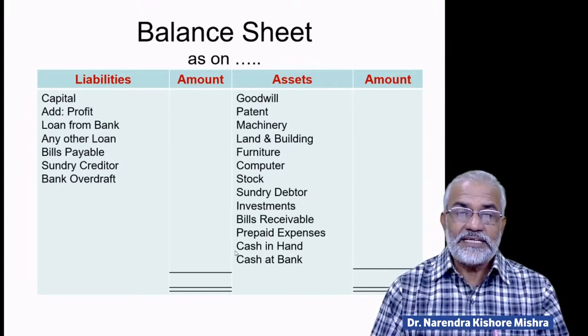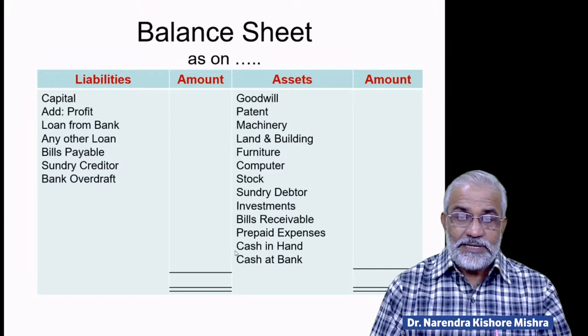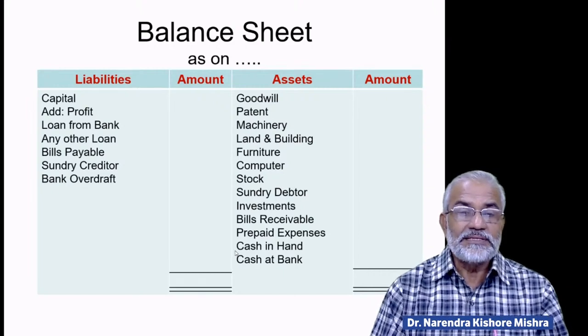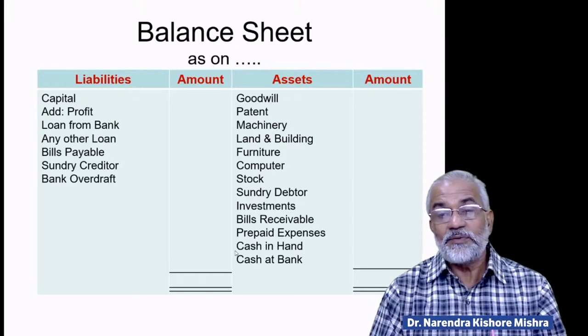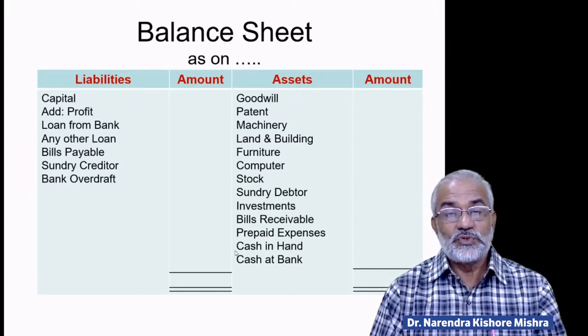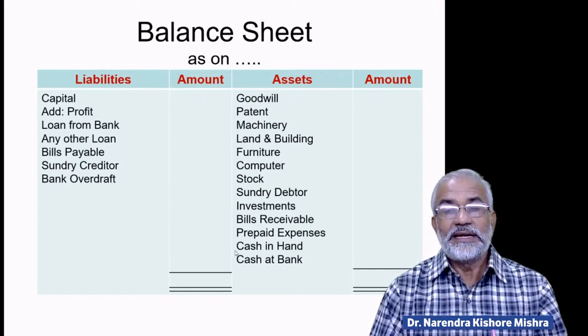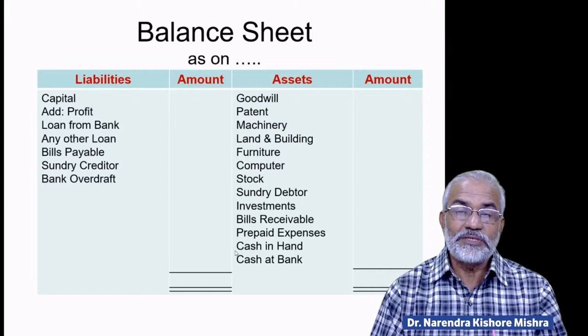So when choosing the items for preparing the profit and loss account, if we are taking the items of the debit side of the profit and loss account into consideration, then we must pick up the items from the debit column of the trial balance. And for the items appearing in the credit side of the profit and loss account, we must pick up the items from the credit column of the trial balance, because the items of income must be in the credit column of the trial balance.